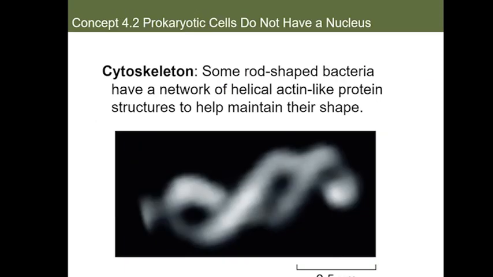So the cytoskeleton: some rod-shaped bacteria have a network of helical actin-like protein structures to help maintain their shape. So the cytoskeleton, it's the skeleton in the cytoplasm.